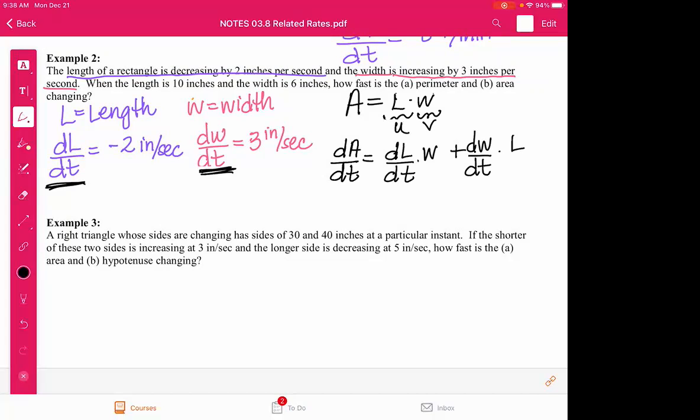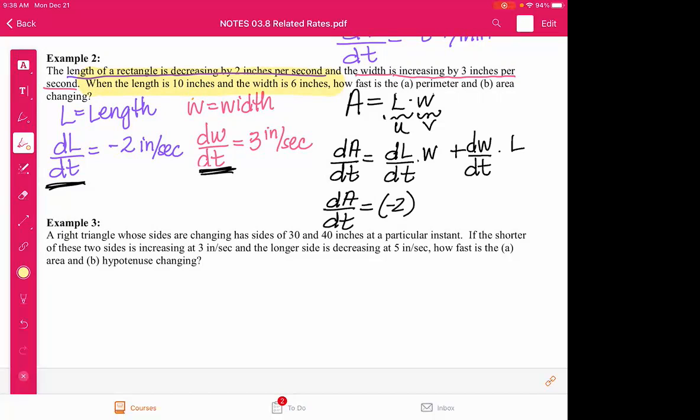Okay? Okay. And now you start plugging in everything you possibly can that's given to you into that derivative. So dA/dt is going to be, well, dL/dt is -2. And this derivative actually has a W and an L in it. So that's where you plug in that information up here, okay?